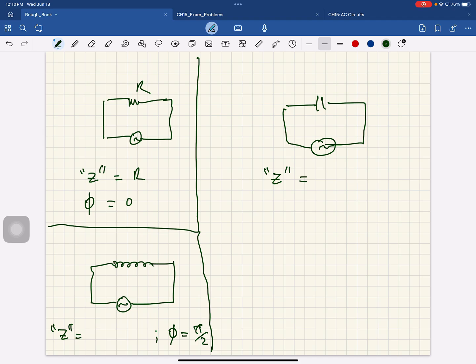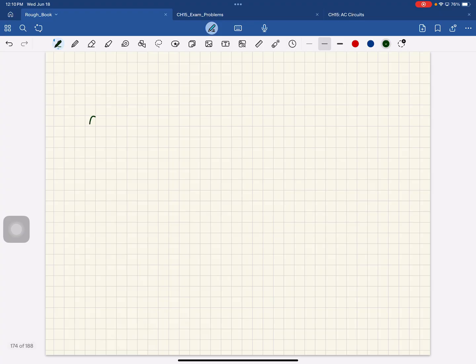Z is called XL, which is omega L. Z is called XC, which is 1 over omega C. Now we have the 3 basic bricks, and we'll build more and more complicated things.